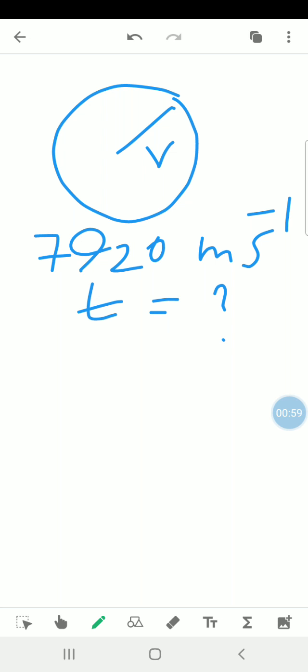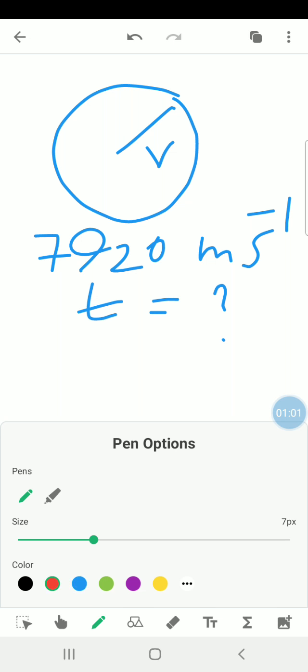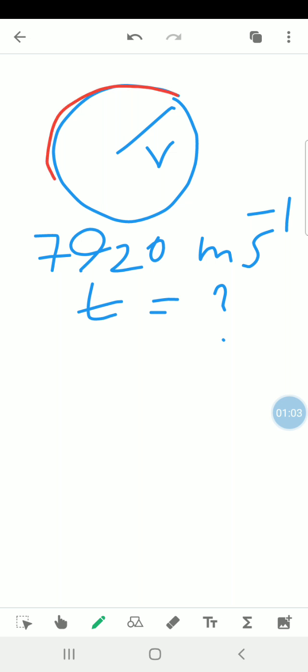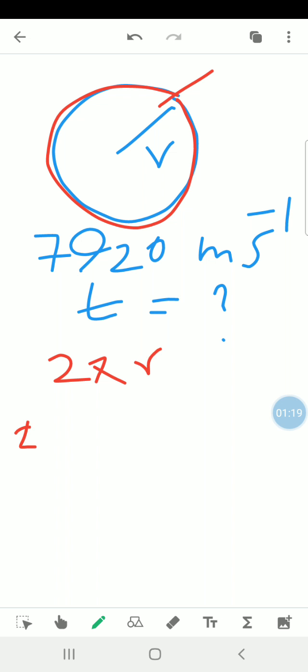Now, before we do the question, we need to understand that it is the length that we need to find out, or the distance that it travels. So the distance, that is the length of an orbit. Because this is a circle, it is 2 pi r. So 2 into pi, obviously you have to take using the calculator.